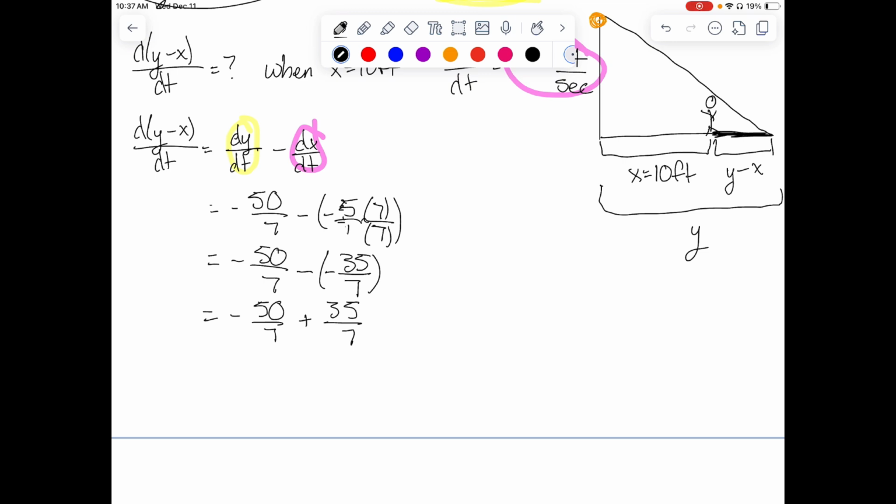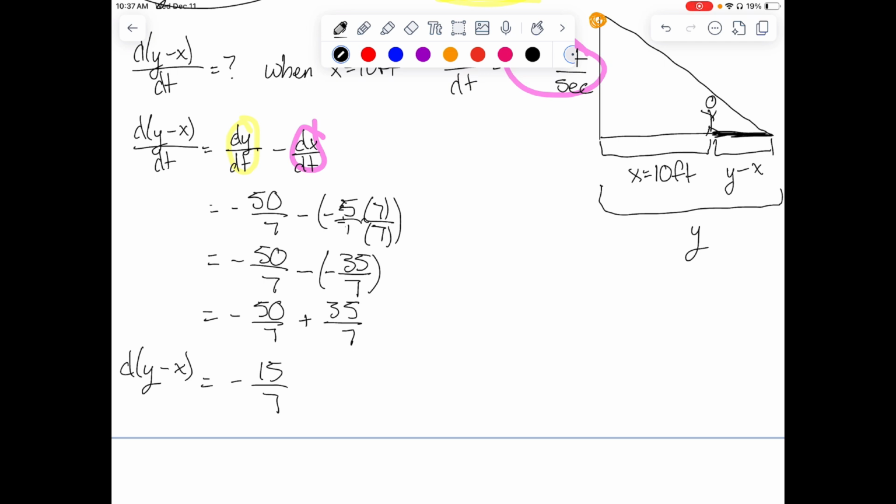So we can continue and just add right here. So we're going to get negative 50 sevenths plus 35 sevenths, which is going to equal negative 15 sevenths. And this is going to be our final answer.